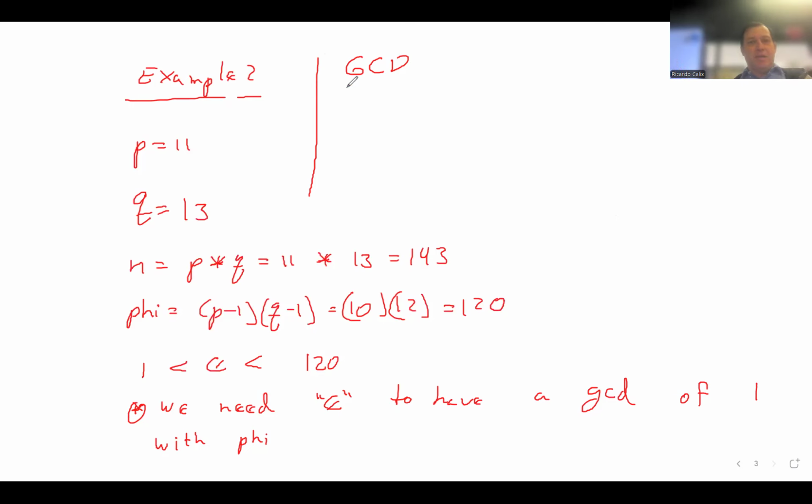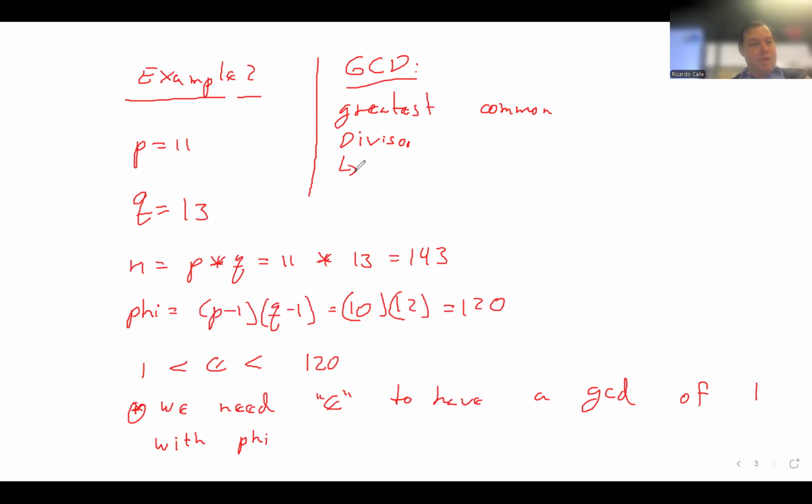But let's define GCD here. So it's the greatest common divisor.